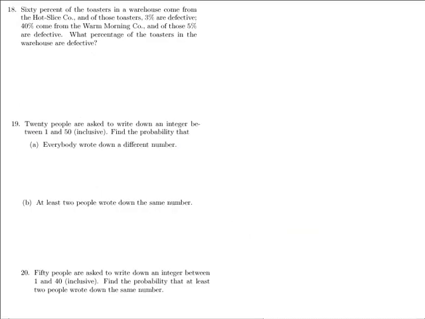Question 18. 60% of toasters in a warehouse come from the hot slice company, and of those toasters, 3% are defective. 40% come from this other company, and those 5% are defective. What percentage of the toasters in the warehouse are defective? Well, at this stage, draw our tree, hot slice and the other company.